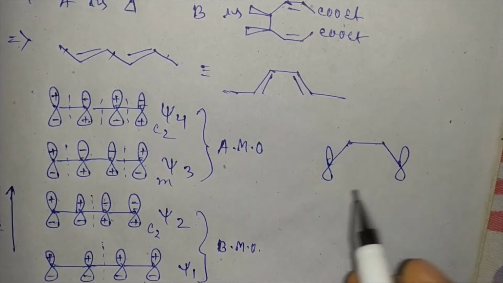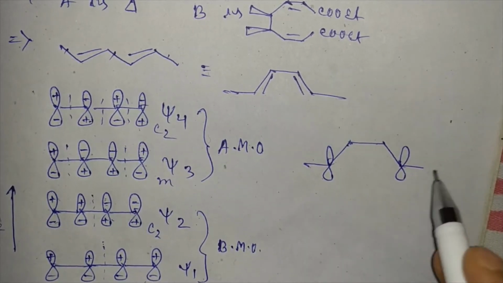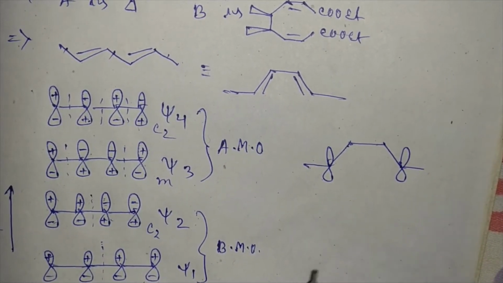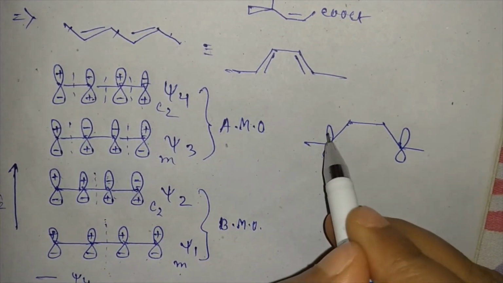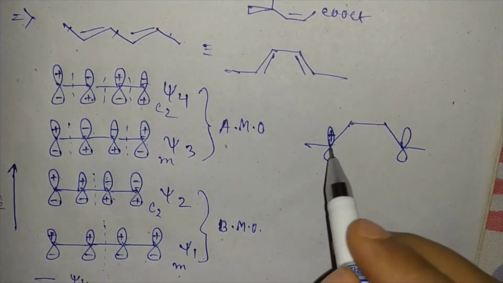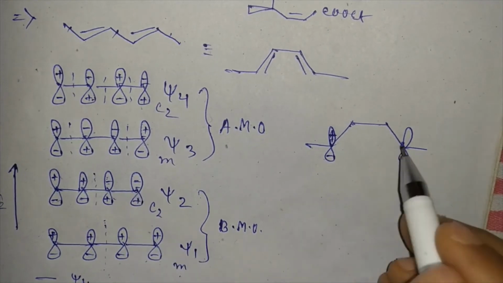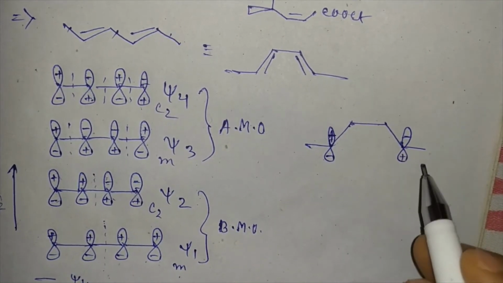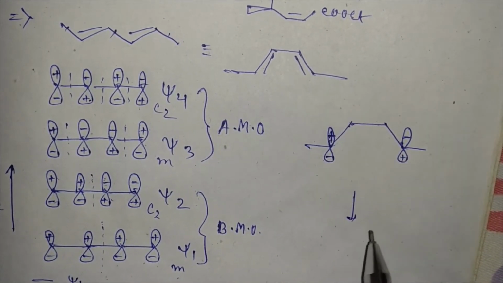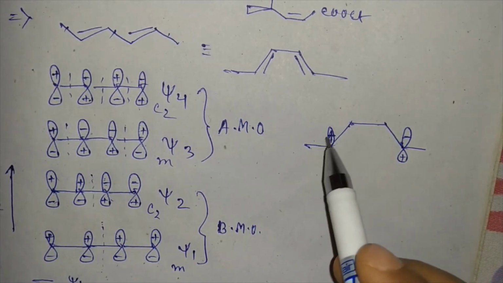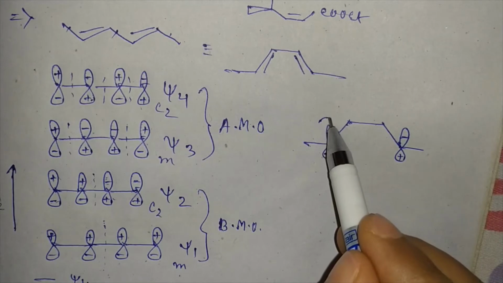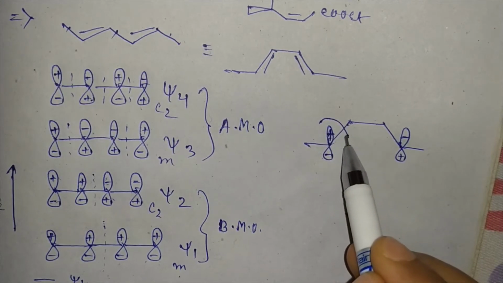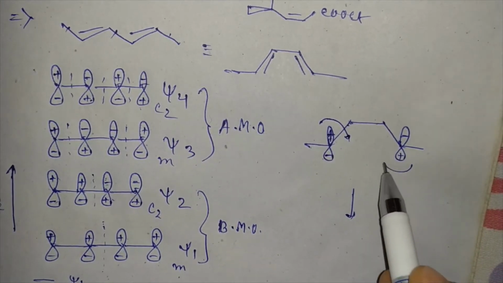So first we will see in thermal condition. In thermal condition psi 2 is HOMO, so it will have plus sign, minus, minus, plus. Now if bonding interaction has to occur, then we will rotate this orbital in this direction and this orbital in this direction.